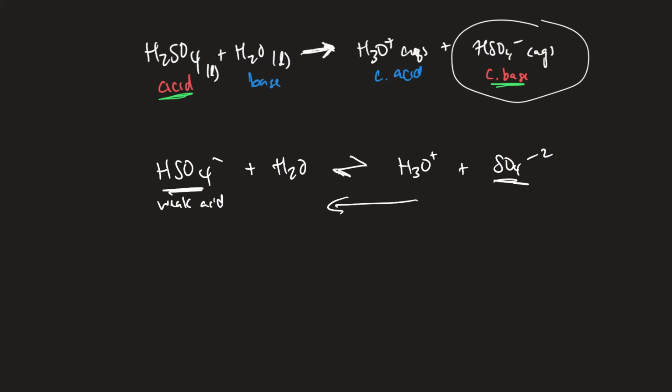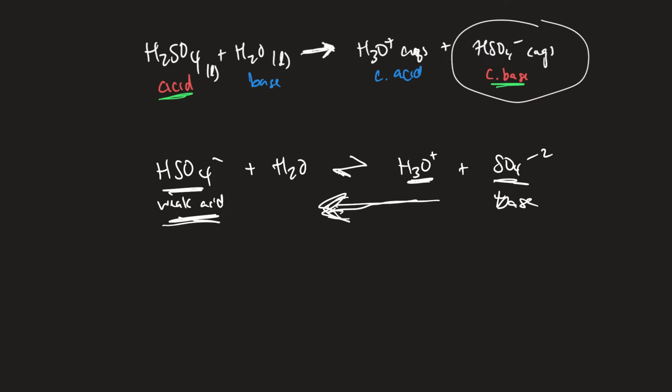So why is that the case? Because this is a weak acid, it may not always want to give up the hydrogen. There is some affinity for hydrogen, and because of that, this base will actually go in the opposite direction and accept the hydrogen from the hydronium ion, returning to HSO4 minus again.